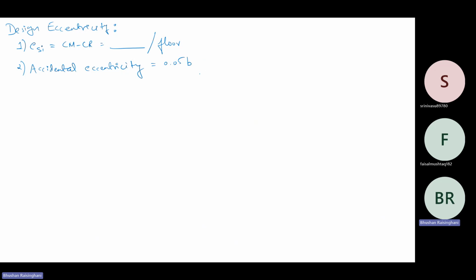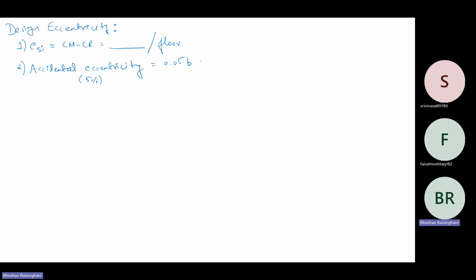So the opposite direction you have to consider. So if the length direction is L and width is B, you make it opposite, then your L and B will become alternate. Okay, so you have to estimate the width of the building. So 5% eccentricity we are considering due to construction. Okay, so 5% is the accidental eccentricity we have to use.